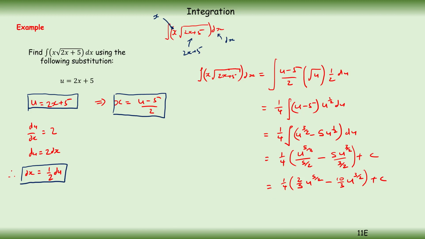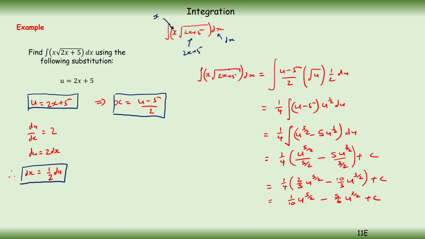Well, before I sub back for u to finish off, I'm just going to put that quarter back in. So that's going to be 2 over 20 which is 1 over 10, u to the power of 5 over 2. So my writing's getting a bit smaller because I'm running out of room. Minus 10 over 12, 5 over 6, u to the power of 3 over 2, plus c.